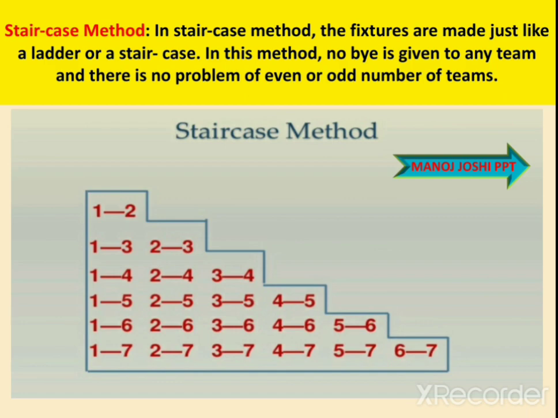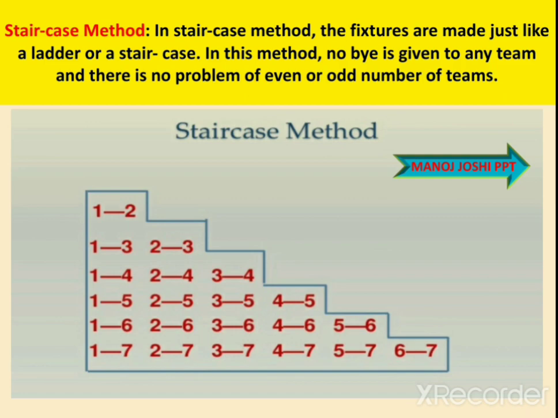And we can make the fixture. So if the number of teams is 7, n equal to 7, then we can see how we can make the staircase method fixture. This is n equal to 7 teams, so the rounds will be 6, n minus 1.